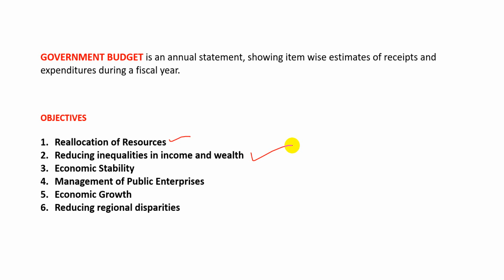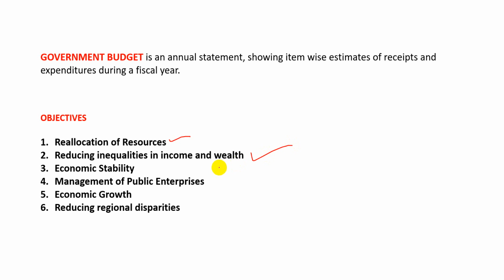Government aims to influence distribution of income by imposing taxes on rich and spending more on the welfare of the poor. So the money collected from the rich in the form of tax, government spends that money for the welfare of the people. It will reduce income of the rich and raise standard of living of the poor, thus reducing inequalities in the distribution of income.